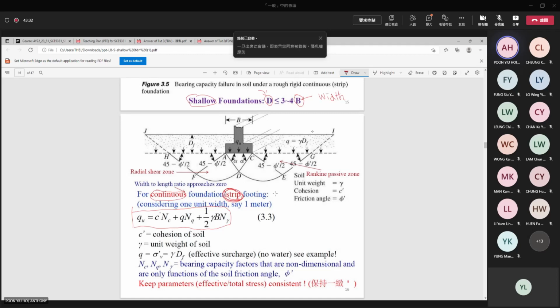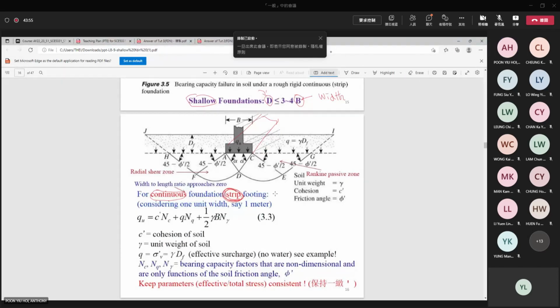This means that the foundation is very long, just like our retaining wall. So in this case, the equation consists of 3 components.